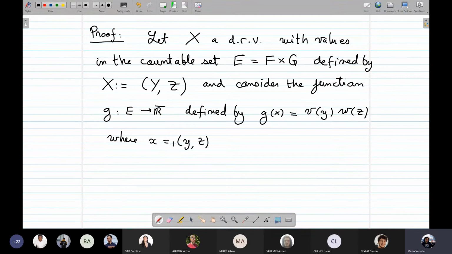Little x, little y, little z. So I actually unify the two random variables into one.